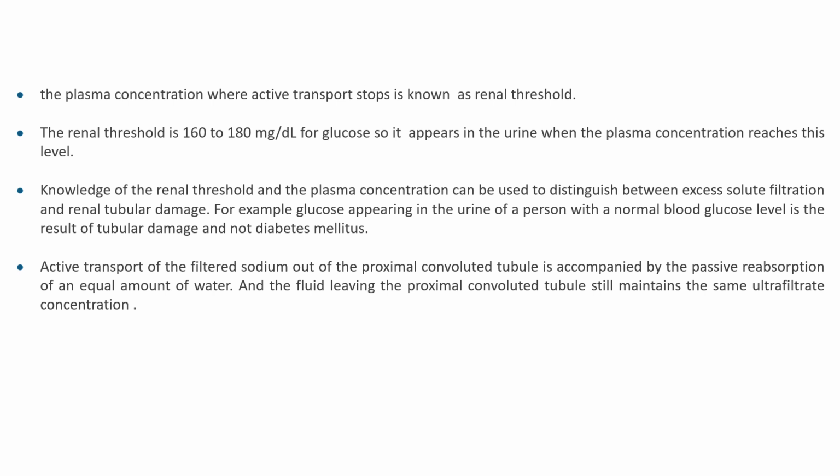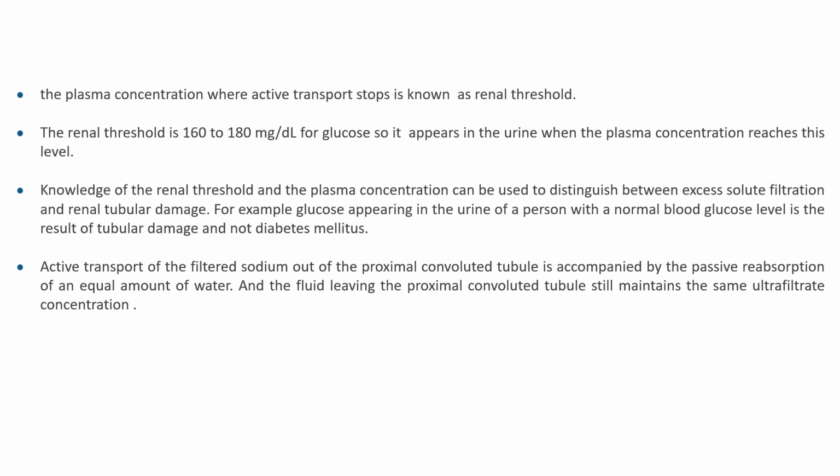Knowledge of the renal threshold and the plasma concentration can be used to distinguish between excess fluid filtration and renal tubular damage. For example, glucose appearing in the urine of a person with a normal blood glucose level is the result of tubular damage and not diabetes mellitus.